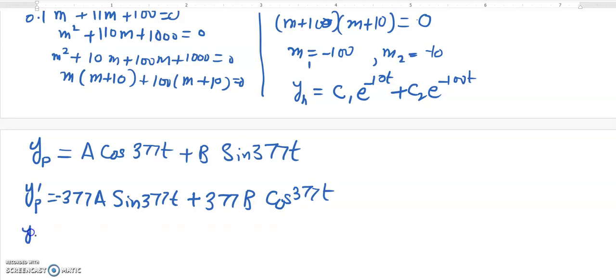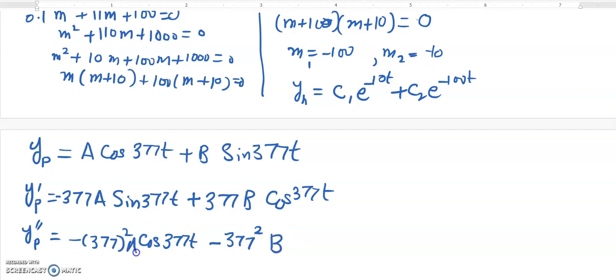And then y_p'' is equal to minus 377² a cos 377t minus again 377² b sin 377t.